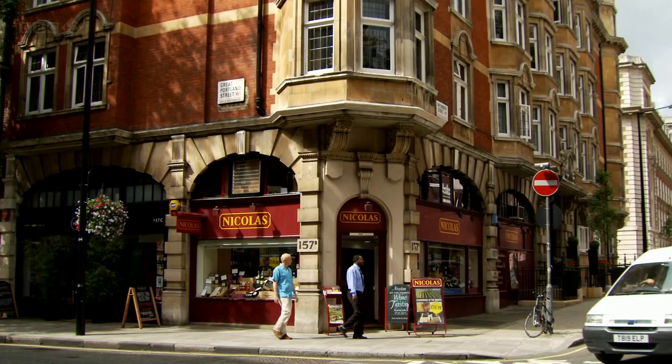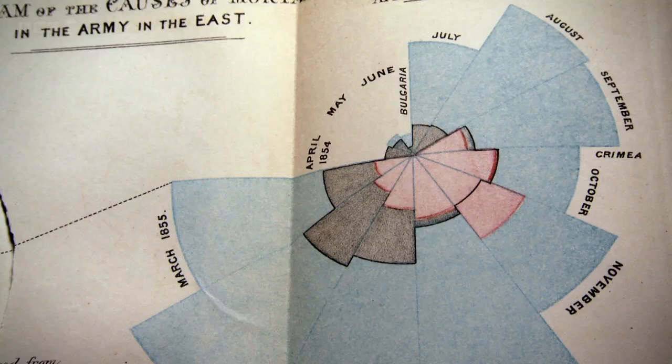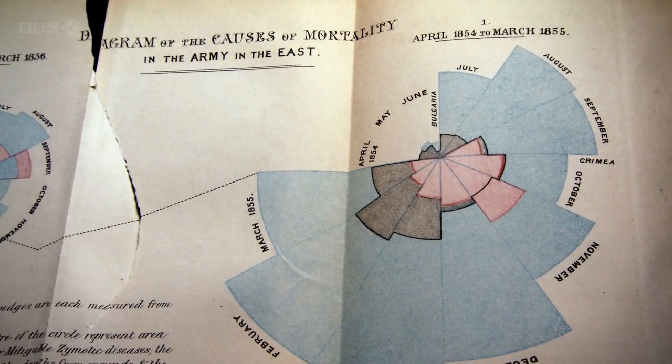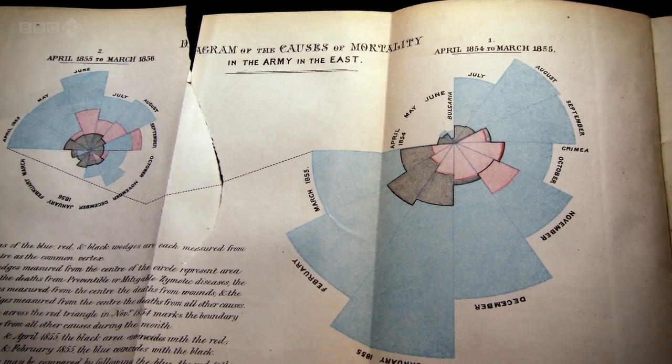But the fascinating thing about Florence Nightingale's diagram is that it also revealed that if the right improvements were made, those mass deaths in hospitals could be avoided. So how did such a simple, pioneering diagram save millions of lives?